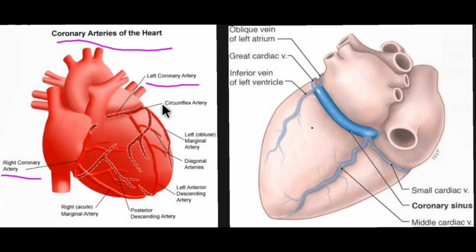Left coronary artery, right coronary artery, right marginal artery, left marginal artery, different arteries are present. These arteries supply blood to the heart muscles. So this is known as what? Coronary circulation. The third type of circulation is known as coronary circulation. The coronary arteries supply blood to the heart muscles.